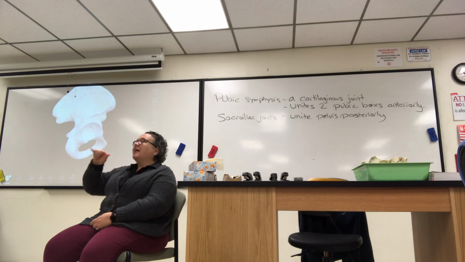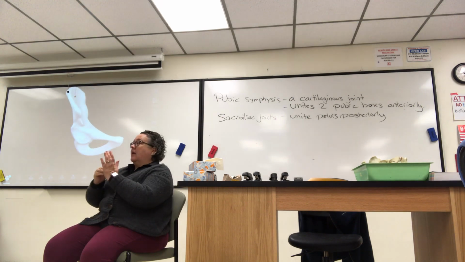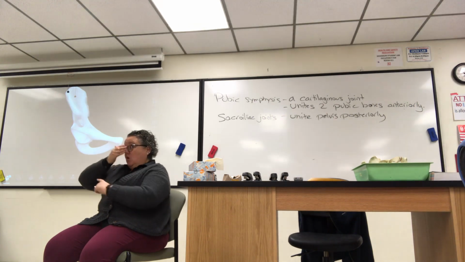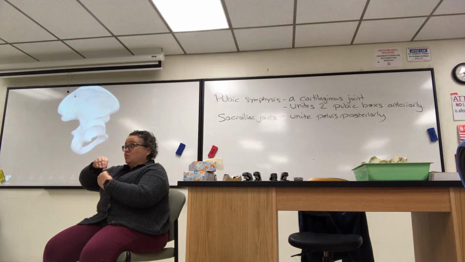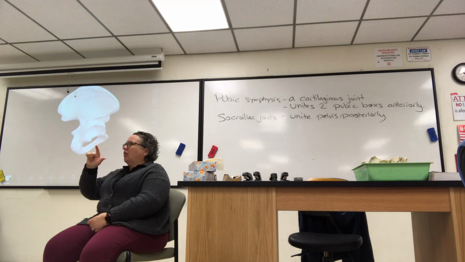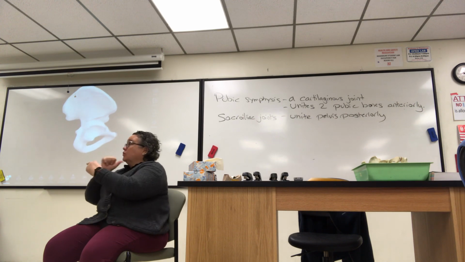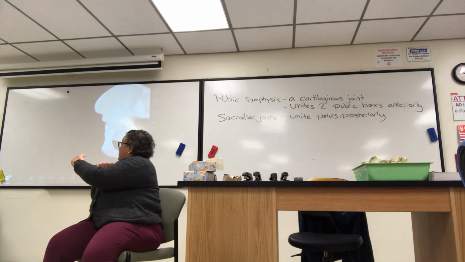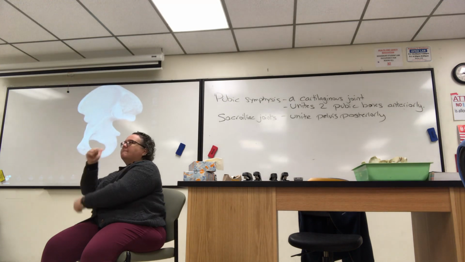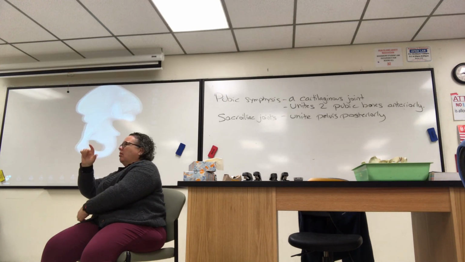That's lateral. So let's do it again. That's looking at it from the front, anterior. I rotate it just like that. That's a lateral view. If this is lateral, watch me now. Don't take your eyes off the screen. What view is that? Medial. So let's get used to the views.